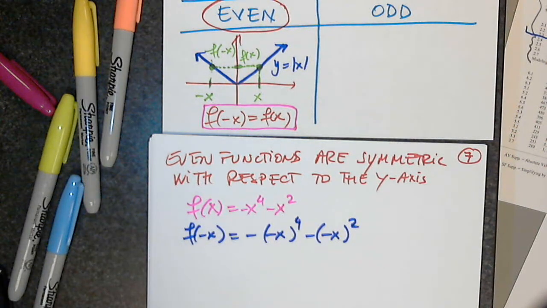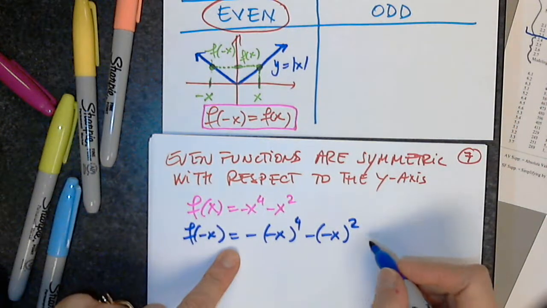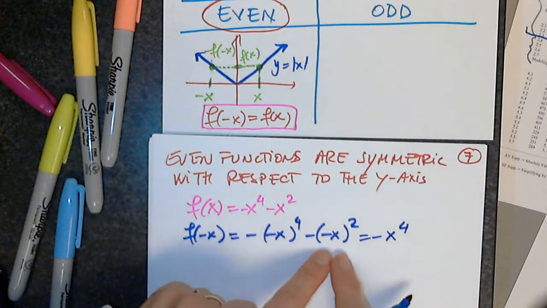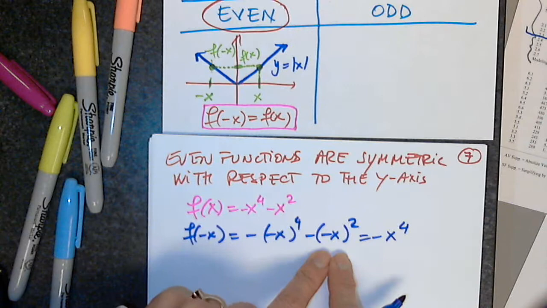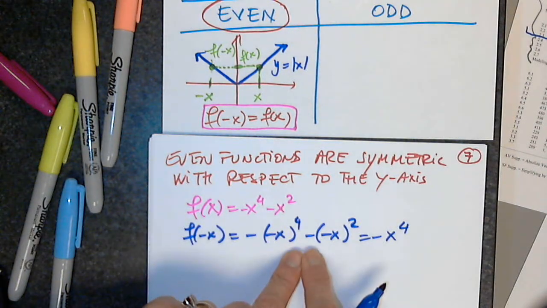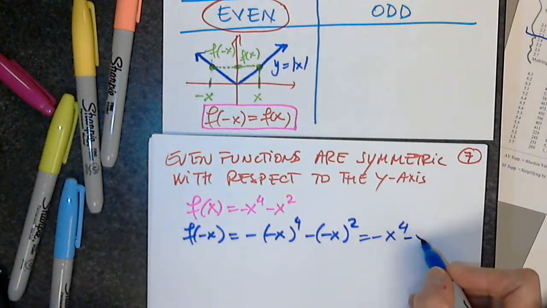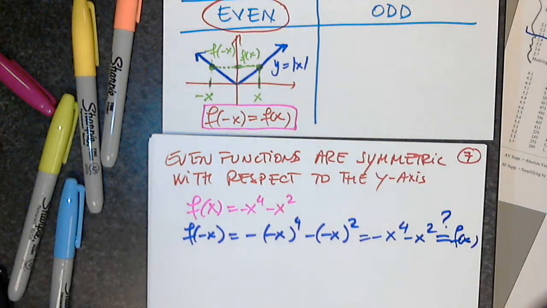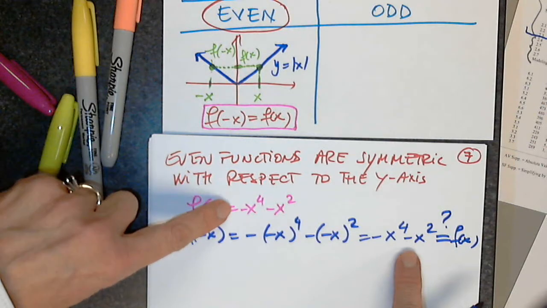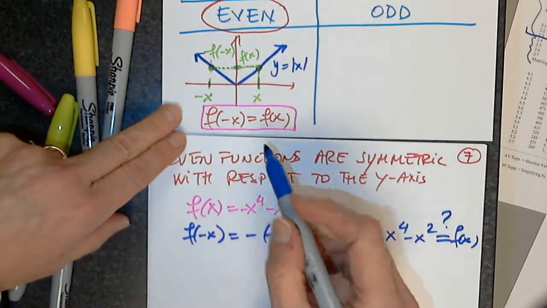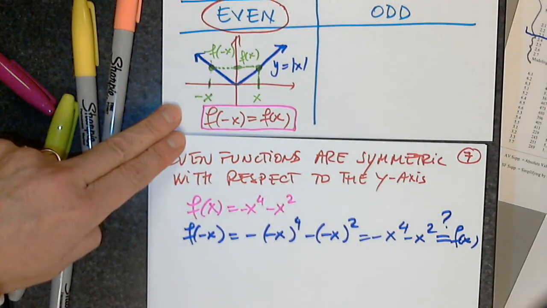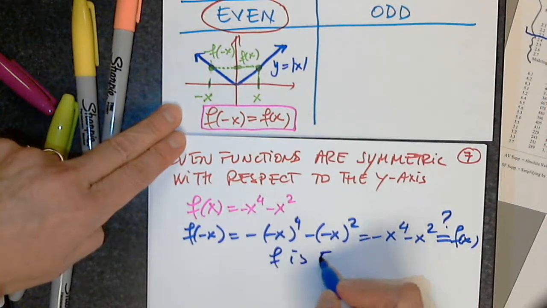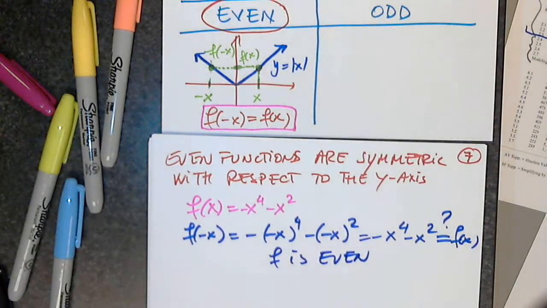How much is negative x to the fourth? Very good. With minus in front? Very good. How much is negative x squared? Negative x squared. Yes, with minus in front? Very good. Does this equal f of x? Yes, it does. It's the same. So then I will say the function f is even. Awesome. Very good.